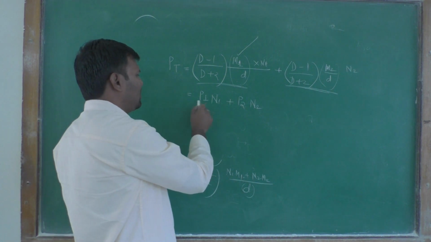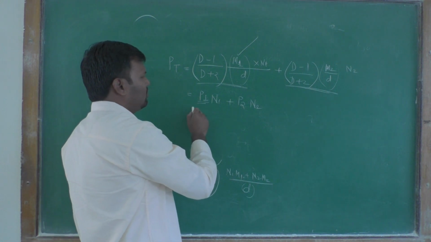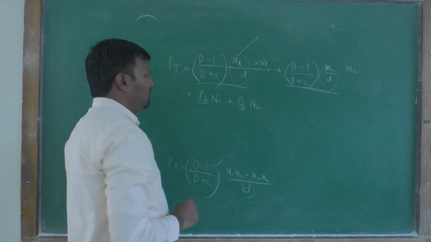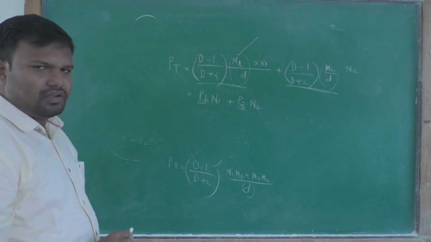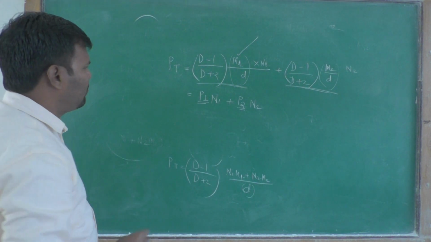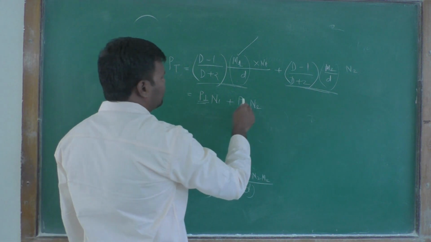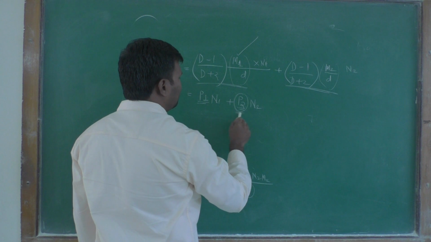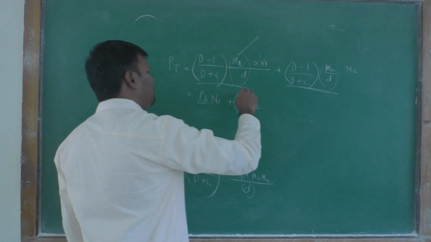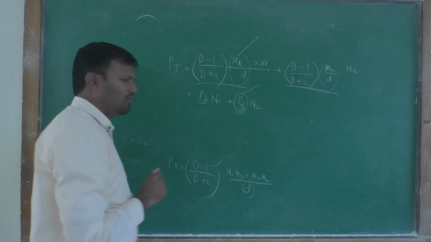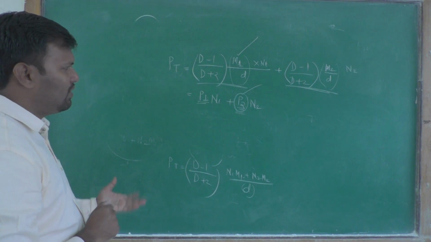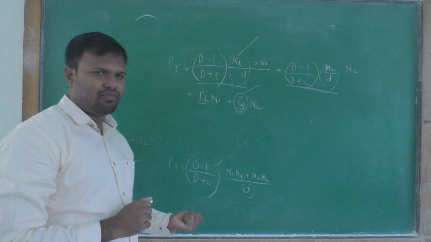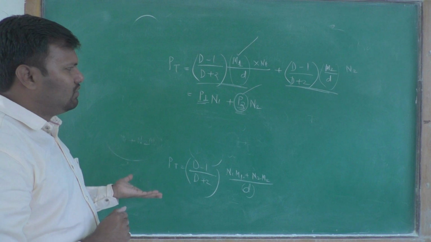Polarization P1 is the polarization of the solvent, and P2 is the polarization of the solute. Therefore we are interested in finding out the polarization of the solute, because that polarization we have not known since it is a solid one. That's why we make its solution to find out its polarization.